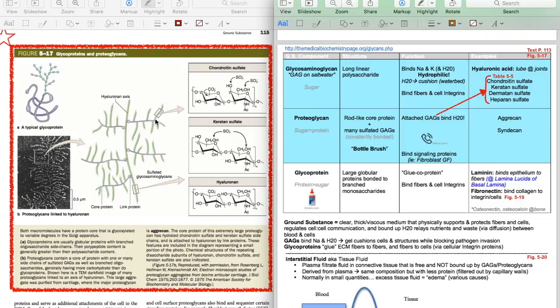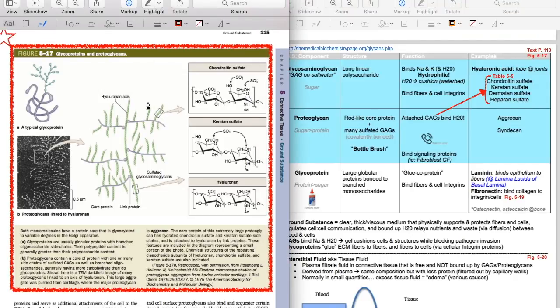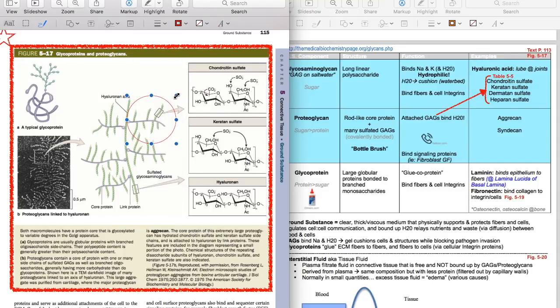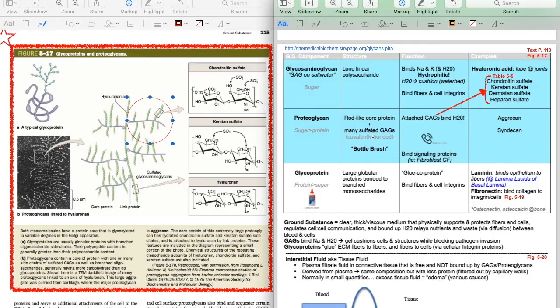And then separately, what this is, I'm even going to draw a circle around it. This, and that's way too thick, so I'm going to thin that out. Sorry about that. This is the proteoglycan complex. Okay? A proteoglycan is a protein core, which is blue on this picture. This is protein. It's a protein rod.